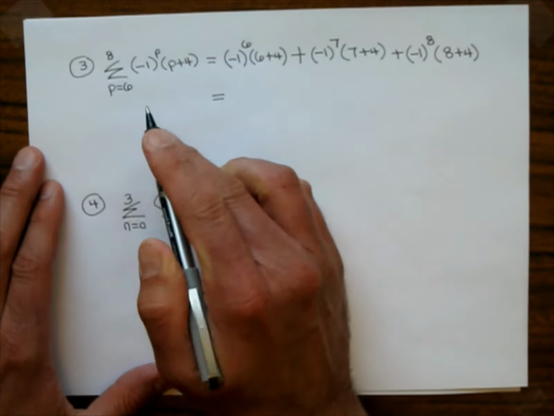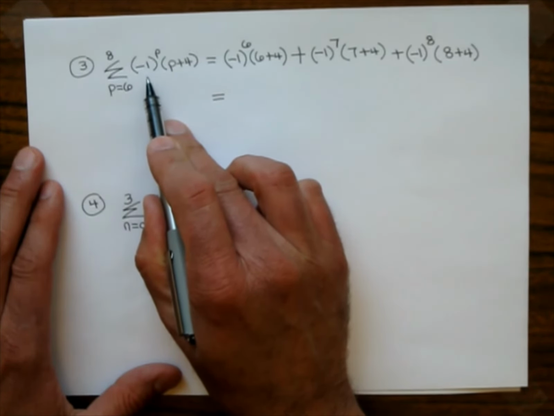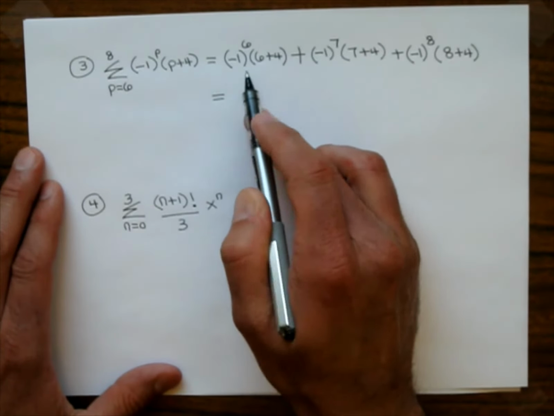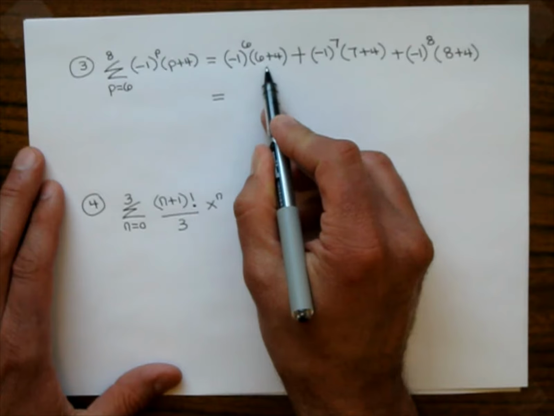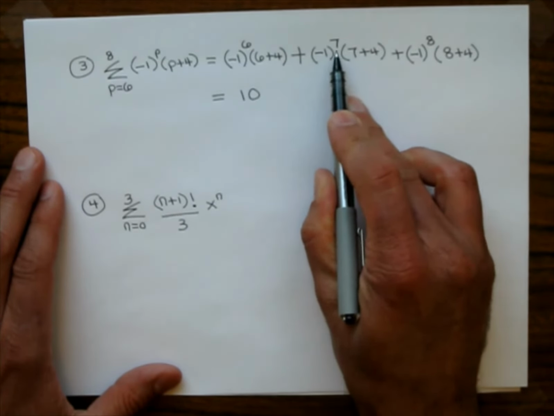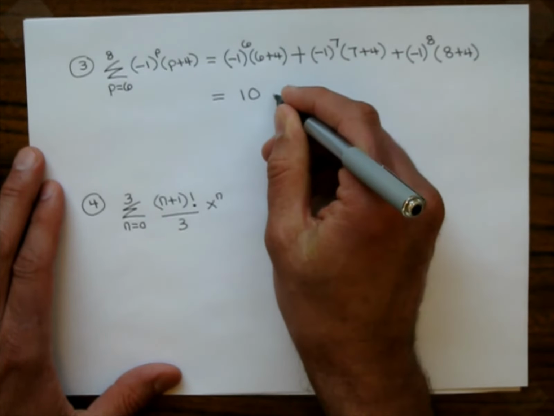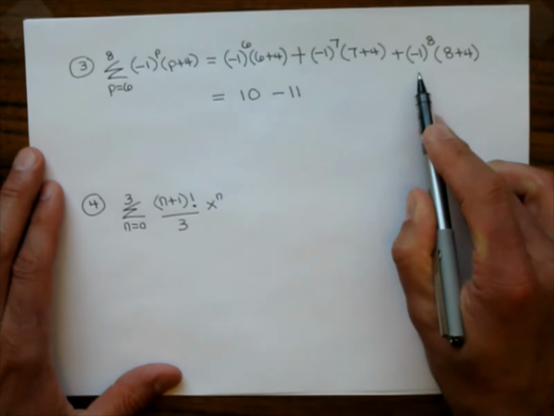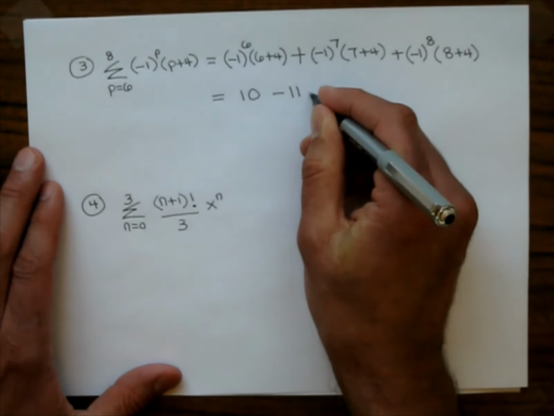We called this (-1) to the p a light switch, and it's turning on and off and on and off. So (-1) to the 6th is actually a +1 here, and then we have a 10. (-1) to the 7th is a -1, times 11, so this is going to be -11. And then (-1) to the 8th, so now it's back to +12.